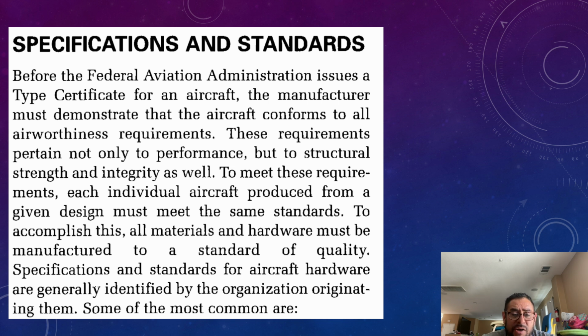Specifications and standards for aircraft hardware are generally identified by the organization originating them. Some of the most common ones are the ones we're going to be able to see during this lecture this week.